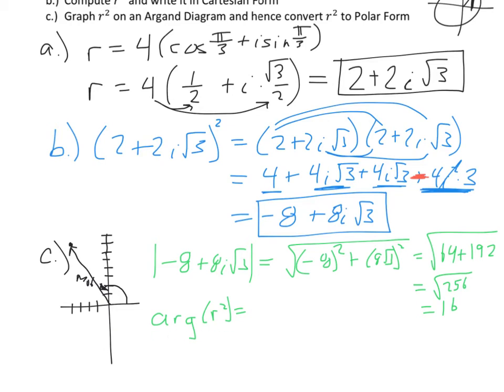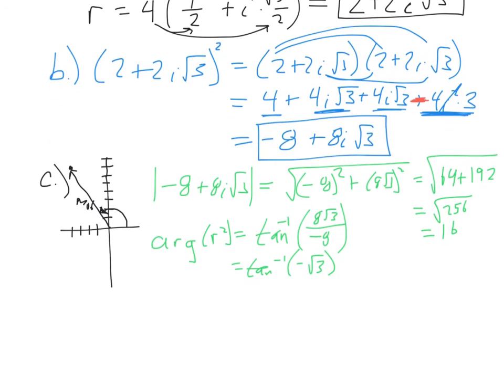So anyway, to compute the argument of this new squared complex number that we're working with, I need to do the inverse tangent of the imaginary part over the real part, which basically means the inverse tangent of negative root 3. Now, I don't know if you recognize it or not, but this is actually a unit circle value, right?